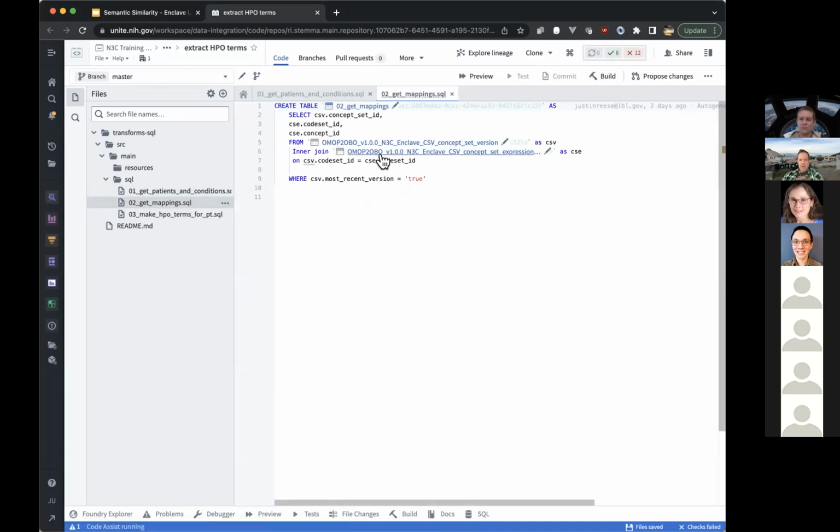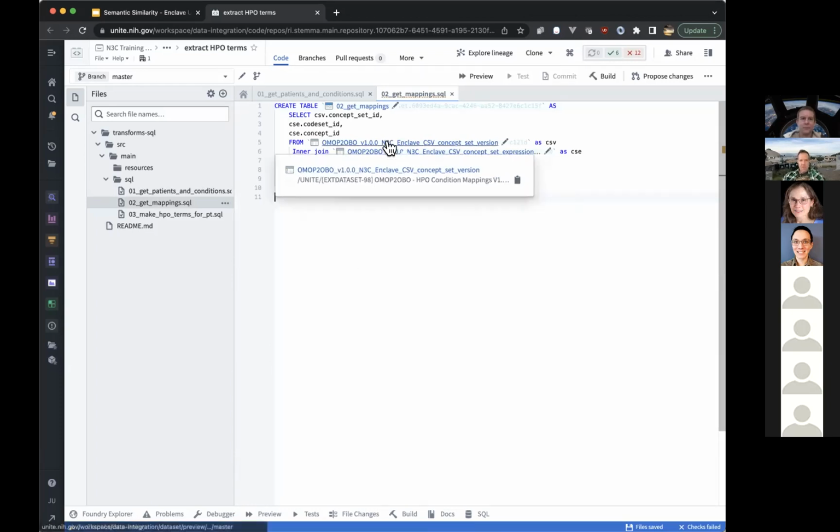Here we're getting, and this code actually won't work, I don't think, in the playground, because I don't think in the playground you can see this file. But this is a very simple join of two tables that Tiffany Callahan provided. This is OMOP to OBO version 1. In version 2, you don't have to do this inner join, but we are still using version 1.